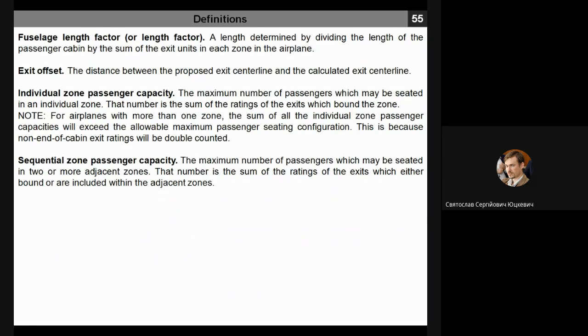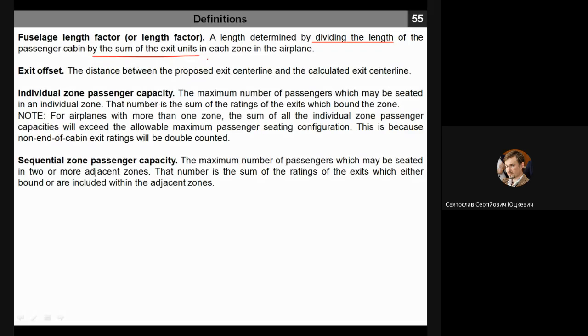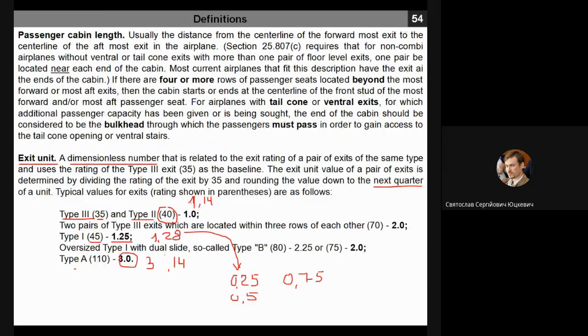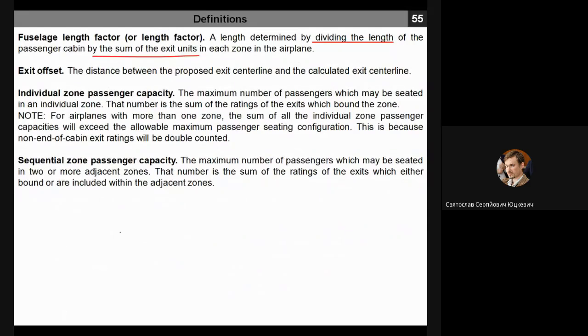Next one, fuselage length factor. So it's a length determined by the dividing the length of the passenger cabin by the sum of the exit units. So we'll determine the sum of these exit units that are rounded down by the nearest quarter. Exit offset.